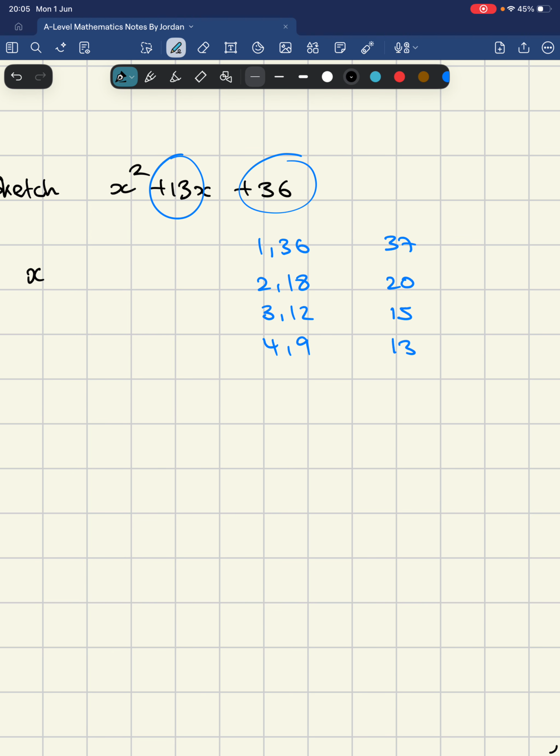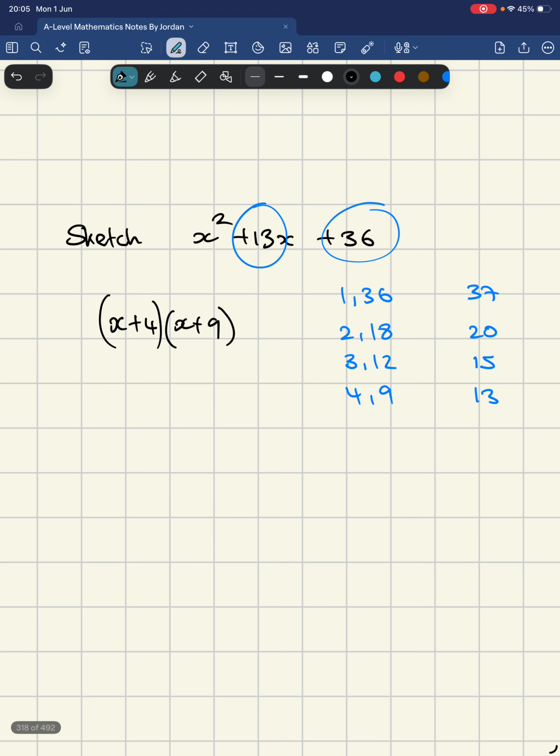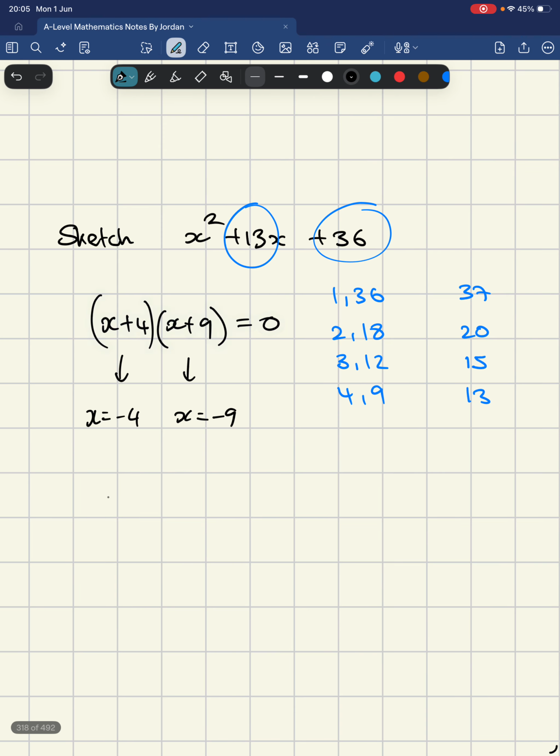So that's going to be x plus 4, x plus 9 when we solve it. And then we end up with x equals minus 4, x equals minus 9. Again, these are the x-intercepts.